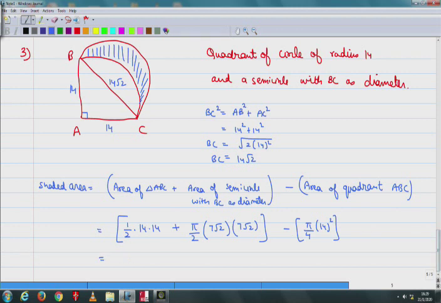Now first we will simplify that, then we will see which thing can be taken out as common. So 2 will cancel out this 14 7 times, so 98, plus this 2 will cancel out this root 2 and root 2, so it is 49 pi basically, minus, and this is also 49 pi, because 14 square is 196 and 196 divided by 4 is 49 pi. So 49 pi and 49 pi will get cancelled out. We will be left with only 98 centimeter square. Is this clear, written again now to all of you?